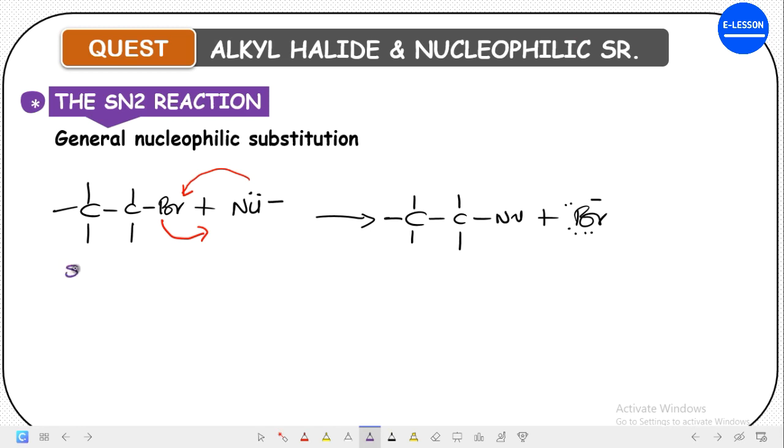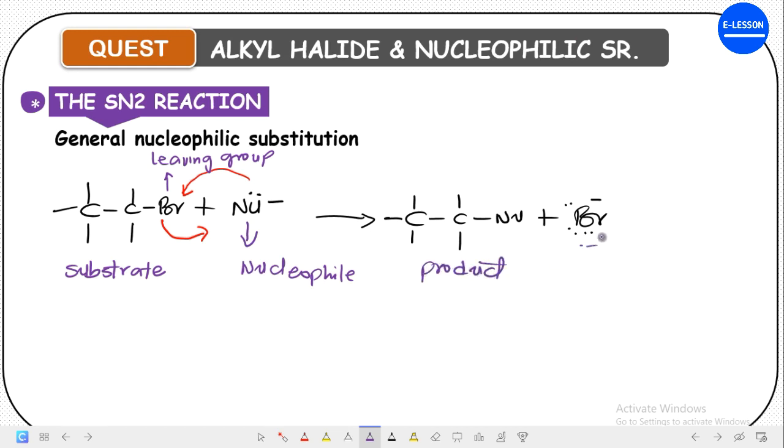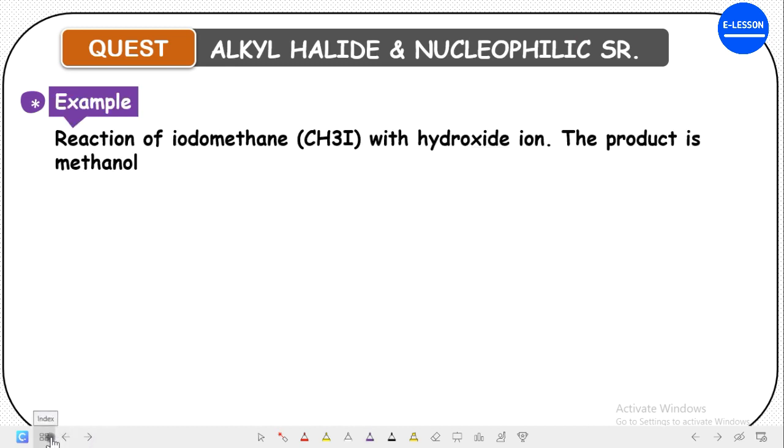So this is the substrate, and then this here is the leaving group, and then this is the nucleophile. Of course, this is the product, and then this is the group that is given off. So this is the general form of all nucleophilic reactions.